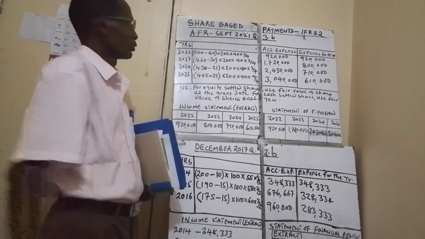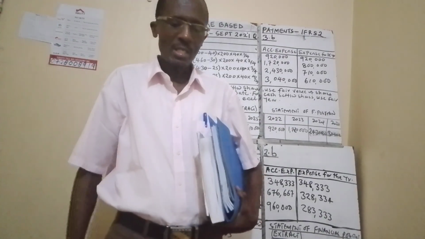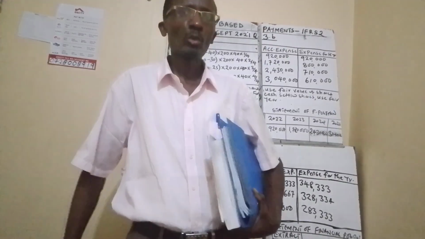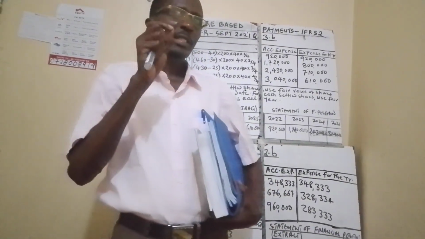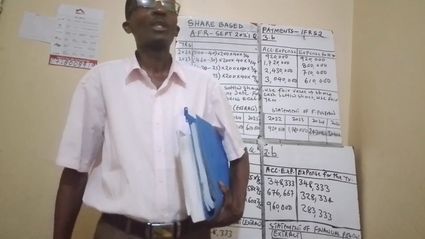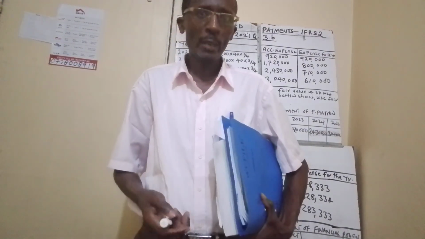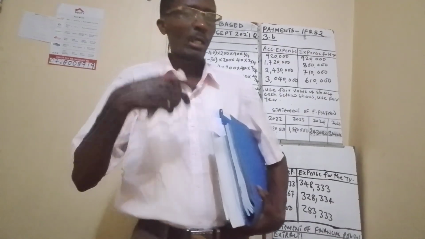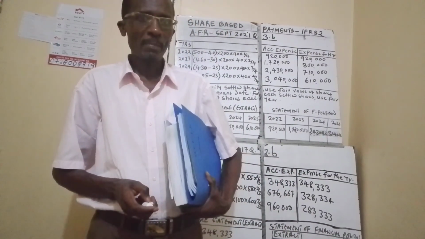Now, basically, what we mean by share-based payments, or IFRS 2, are those situations where you can supply goods or services to an entity, and then that particular entity can pay you in terms of shares, or let me call them equity. They can pay you in terms of equity or otherwise. So in this case, you are not receiving cash as your payment.